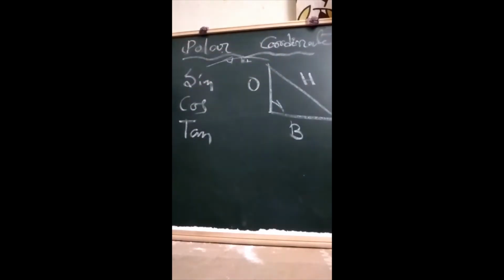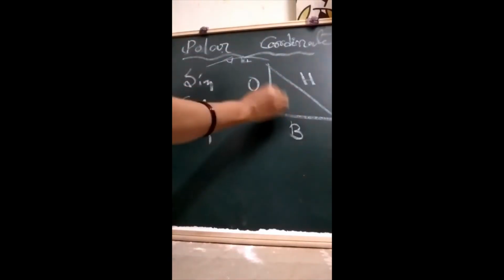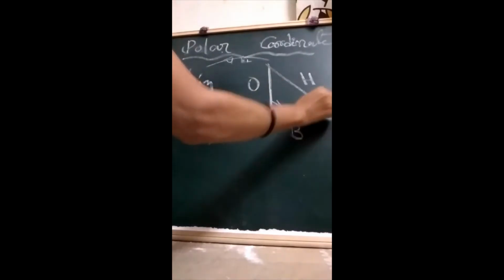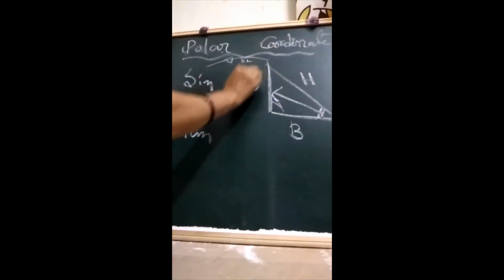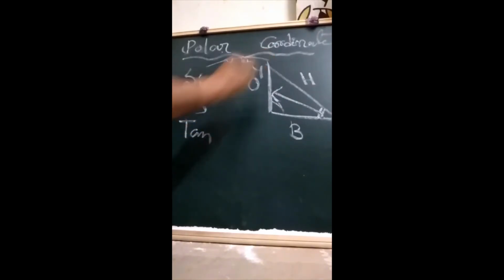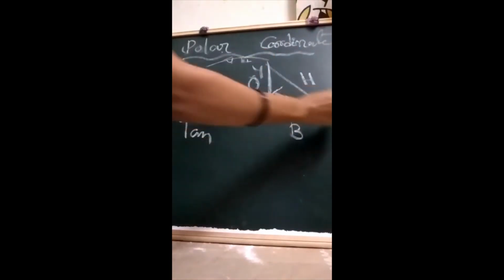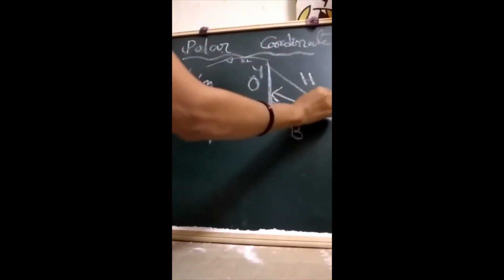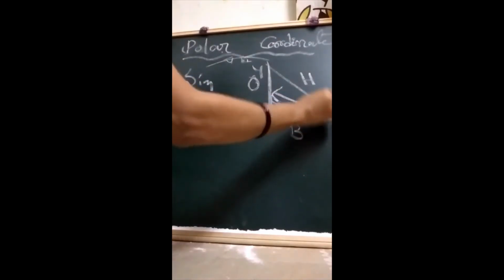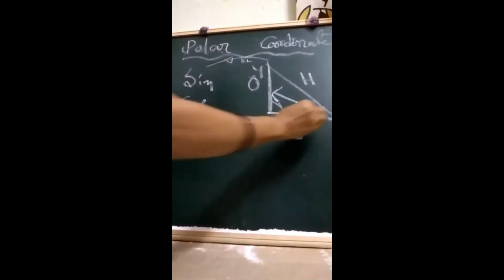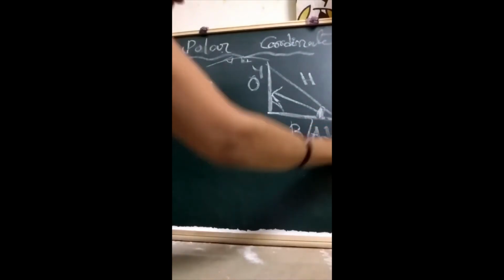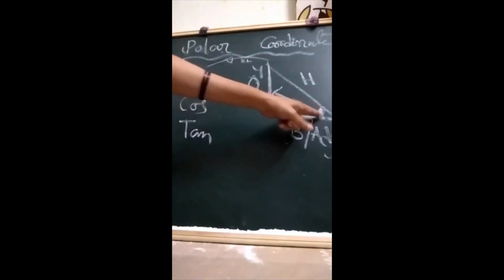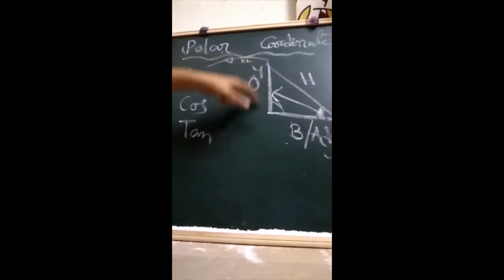The side opposite to that angle is called the perpendicular, but on the y-axis it is called opposite. This line is adjacent to that angle, so it is called adjacent, the base.